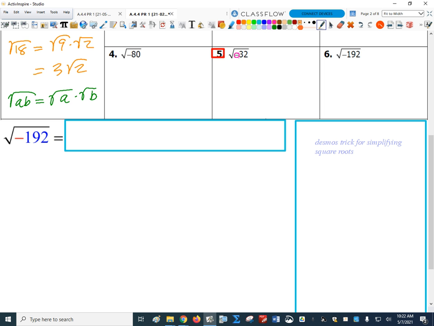Almost the entire problem is just a review of stuff we already know. The only new part is our answer, we're going to get this i outside, but we just have to simplify the square root of 32. So if I make a factor tree, these are all correct. If I were doing this, I would do one thing slightly different. I would break up my 32 into a 16 and 2. How come?